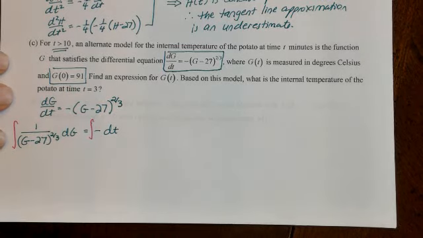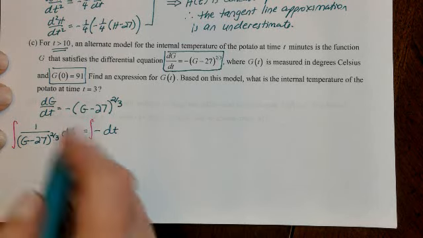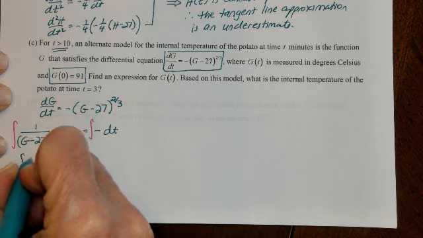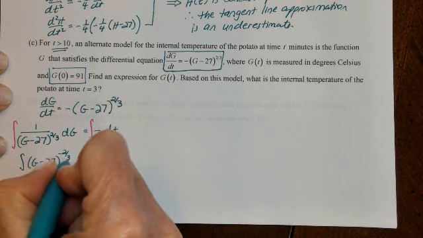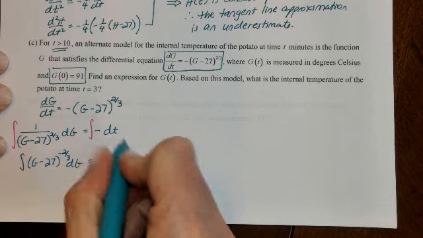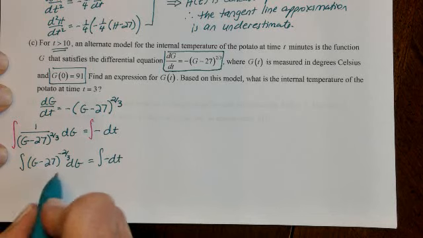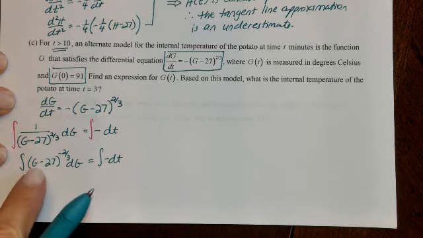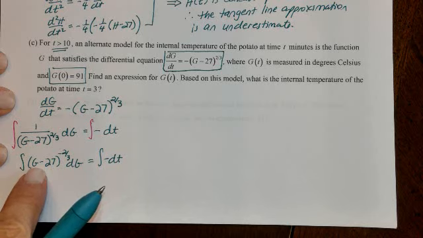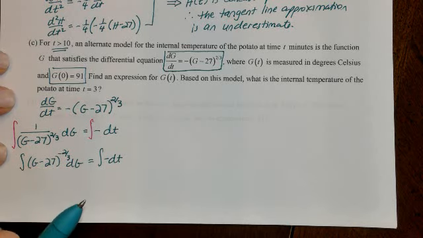Well, this is g minus 27 to the negative 2/3, right? I'll write that down for you guys. We can do a u sub if you want, but du is just dg, so I'm just going to treat this like a u to the negative 2/3.